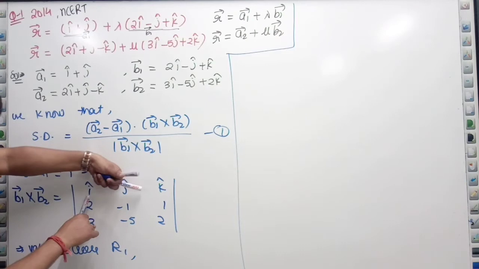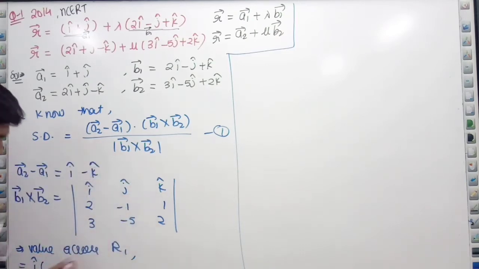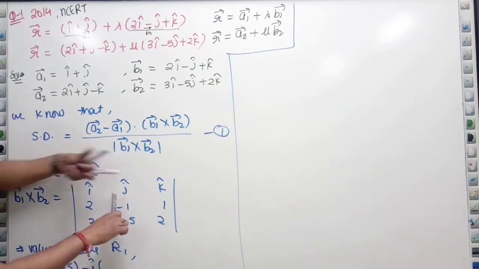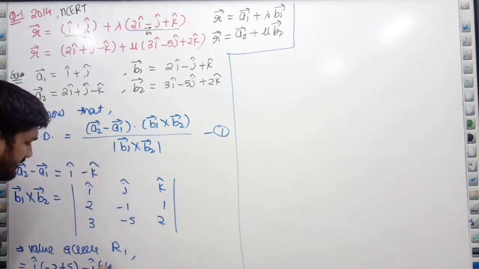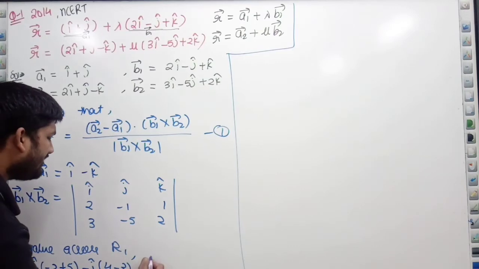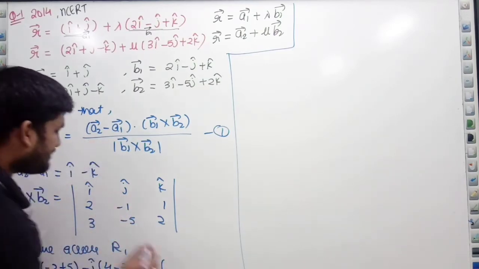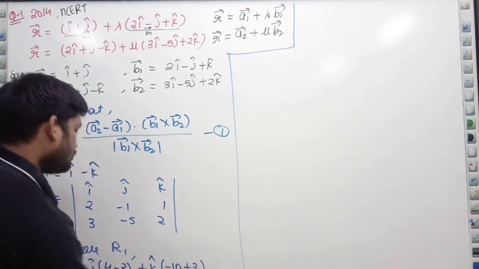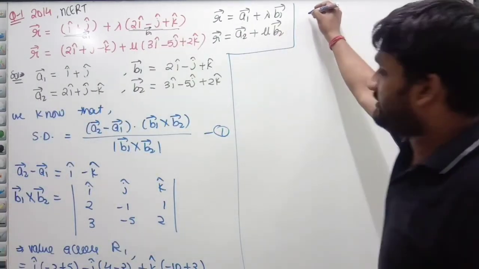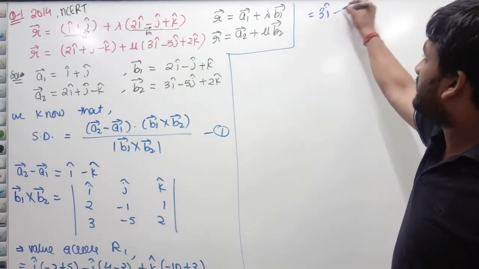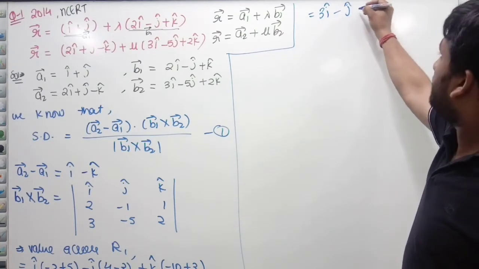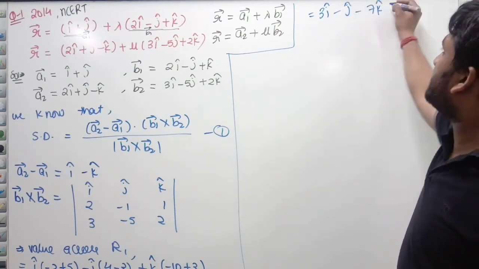Delete its row and column, cross multiply: minus 2 minus minus 5, that is plus 5, minus j. Delete row and column: 4 minus 3, plus k. Delete row and column: minus 10 plus 3. So we have 3i minus j minus 7k, that is b1 cross b2.